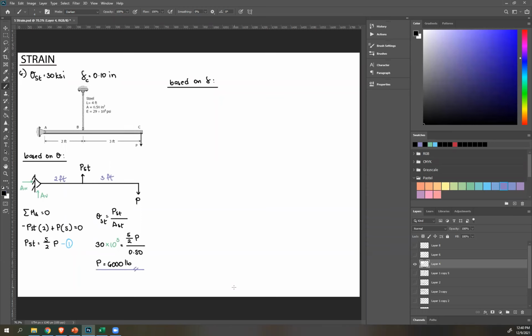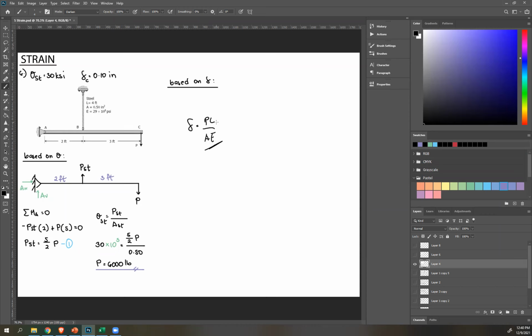Same thing, right? We know that the equation for deformation is PL over AE. However, this is only for materials. This is not the equation for displacement. This change in C is just the displacement of this point, okay?